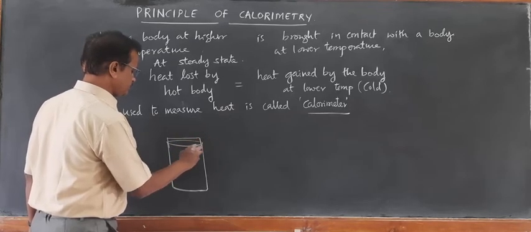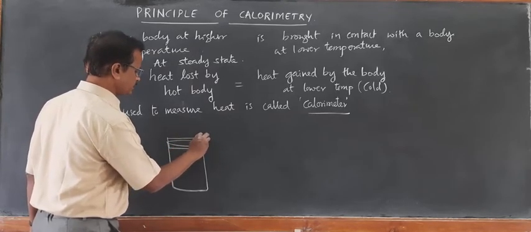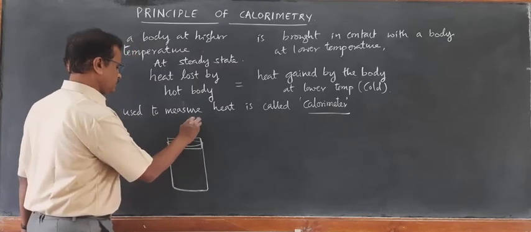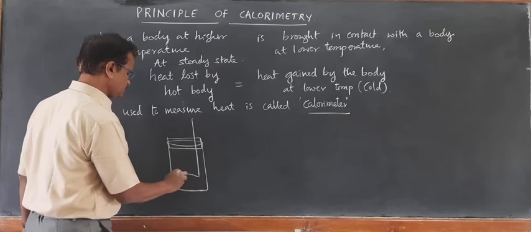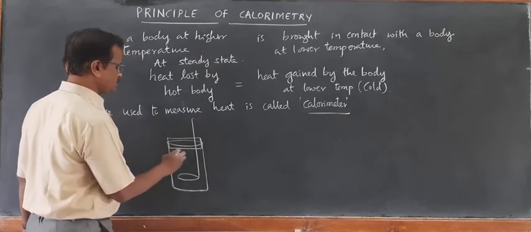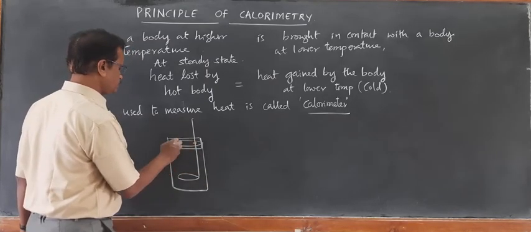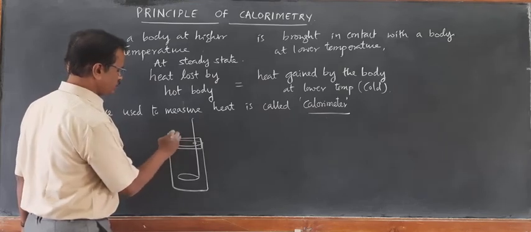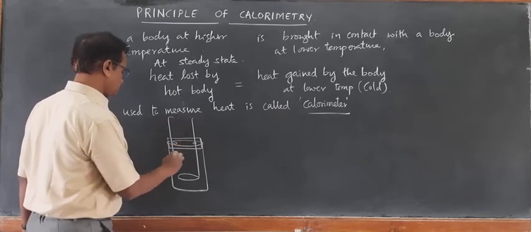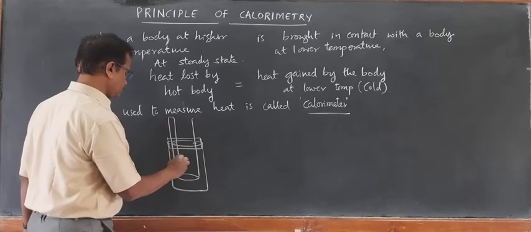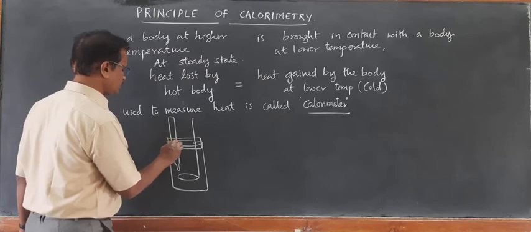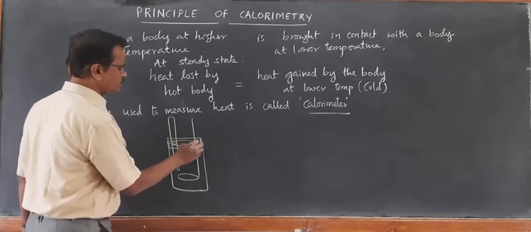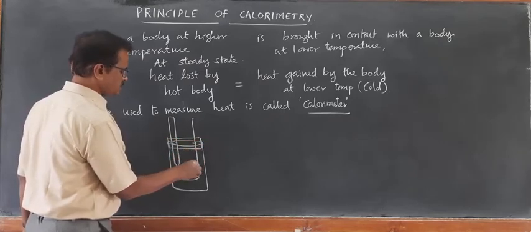It is provided with an insulator lid, with a stirrer passing through it. This is the copper stirrer, and here there are two holes. One hole is meant for passing the thermometer, and another hole is meant for passing the stirrer.